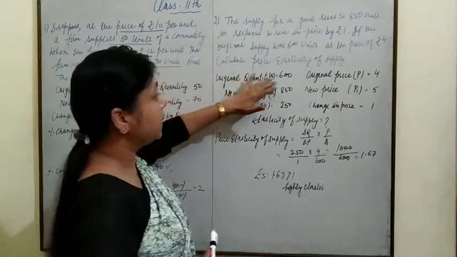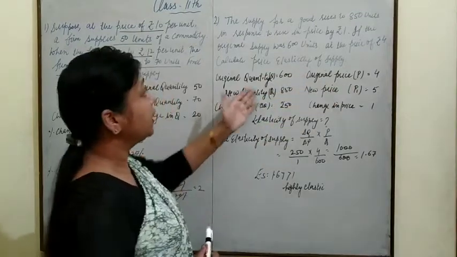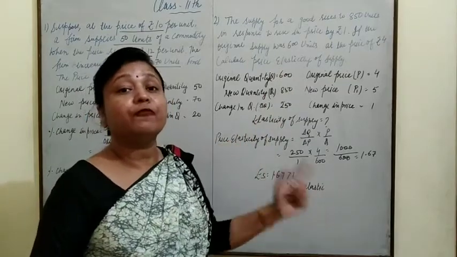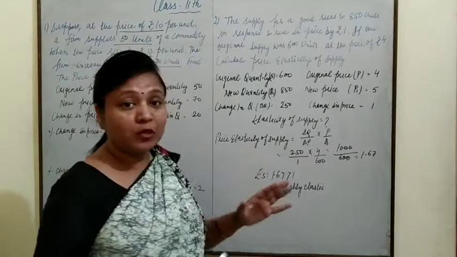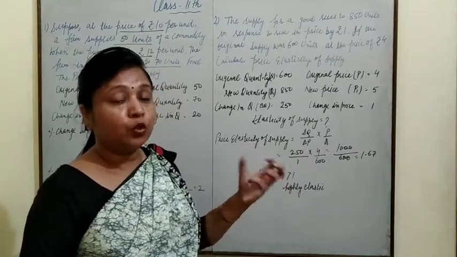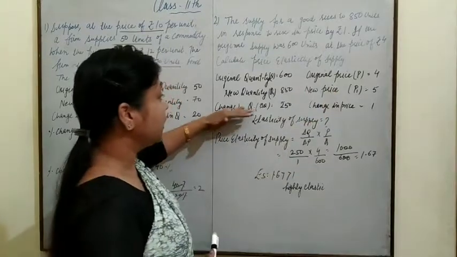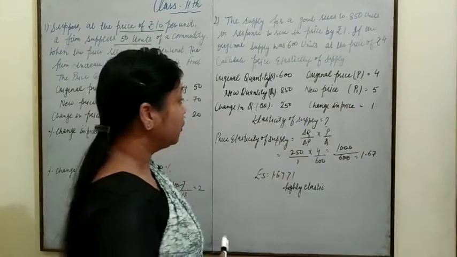See, original quantity is 600 and original price is 4. New quantity is 850 and price is increased by 1. It increased by 1, it means the initial price was 4, so with 1 increase, now the price is 5. So the change in quantity is 250, and the change in price is equal to 1.